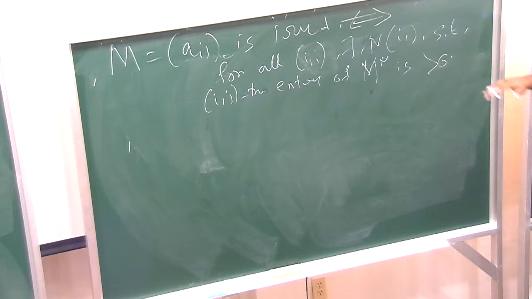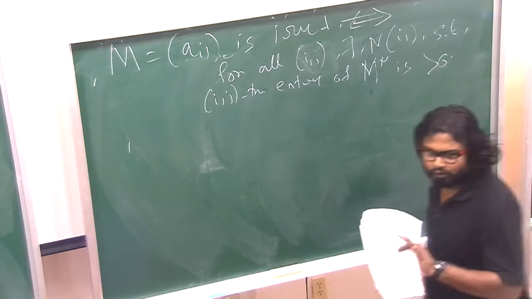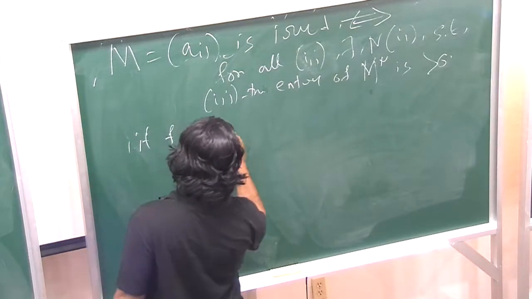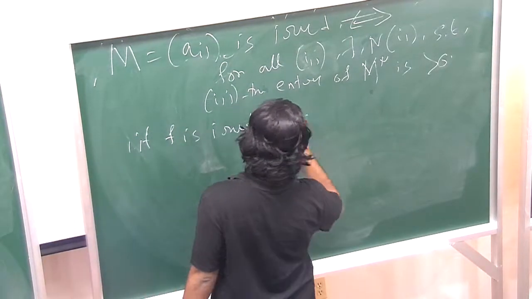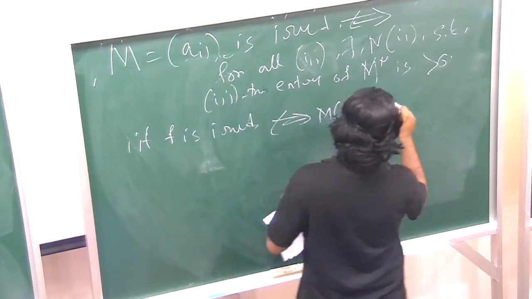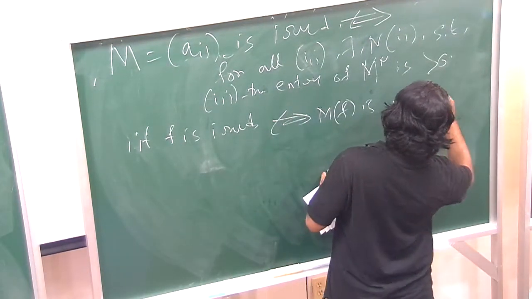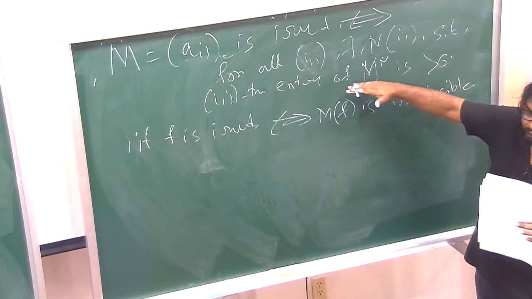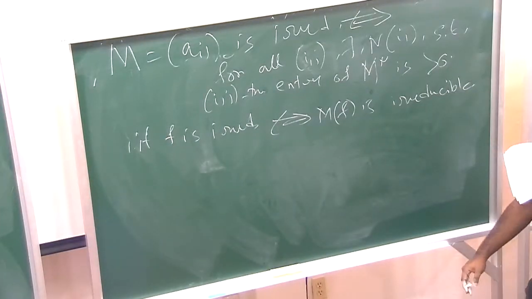That is the definition, and we can say that if f is irreducible, then M(f) is irreducible.